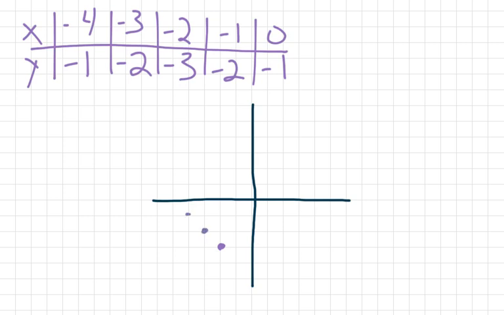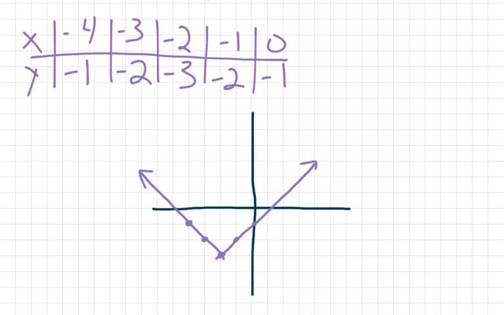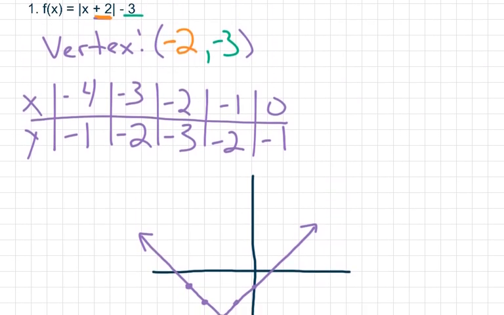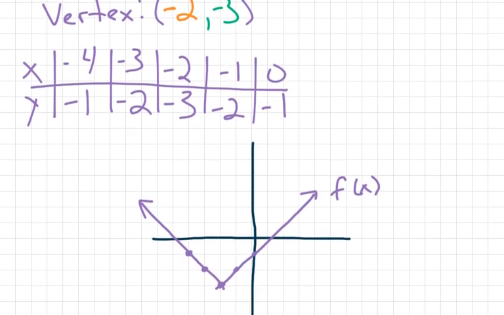Negative 4, negative 1 is there. And we've got that one, and that one. And we can draw our picture. So there's the graph of number 1, f of x. If you want, you can write f of x off to the side. The absolute value of x plus 2, minus 3, that would be the graph right there. All right, let's move on.